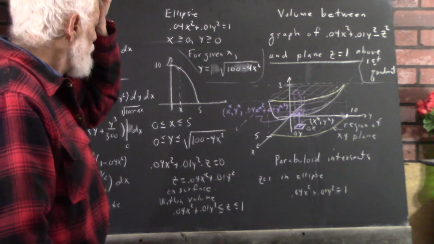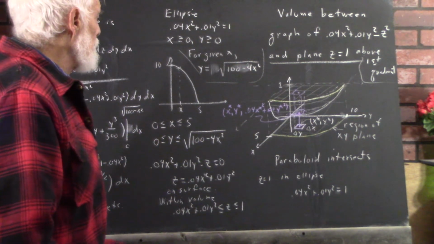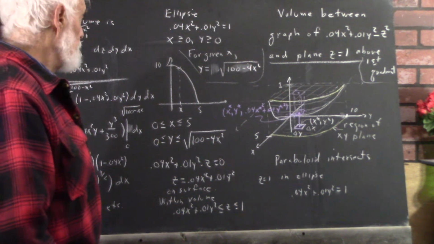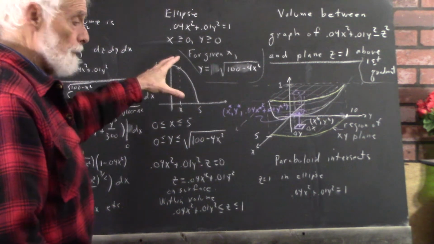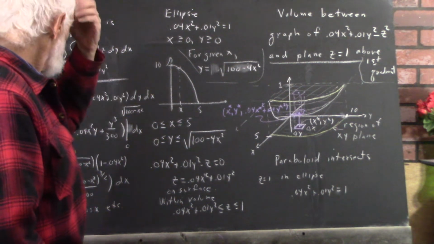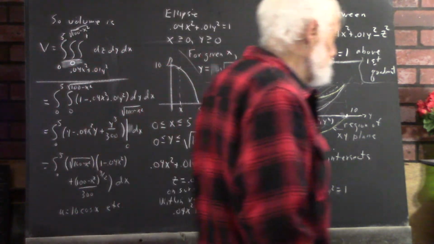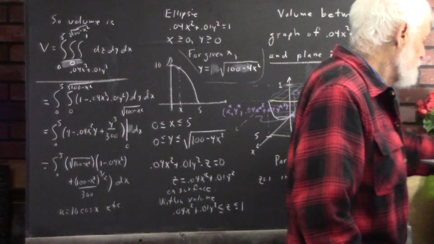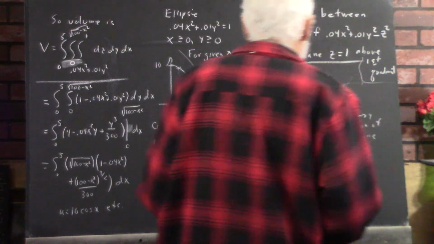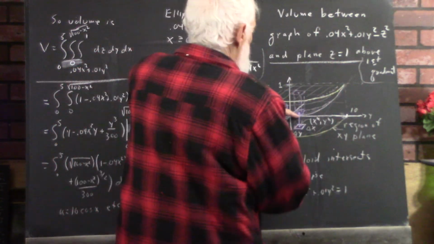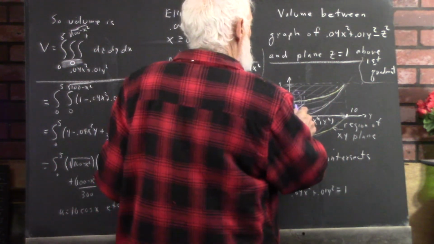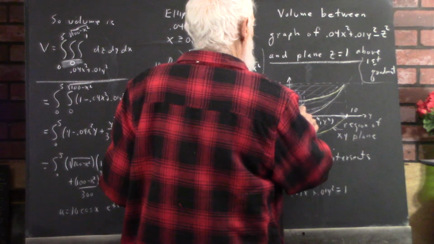Now, next question is, what if we have a density on this thing? Okay, a density. Then what we can do is we can say, well, okay, between here and here, we're going to have some volume increment.